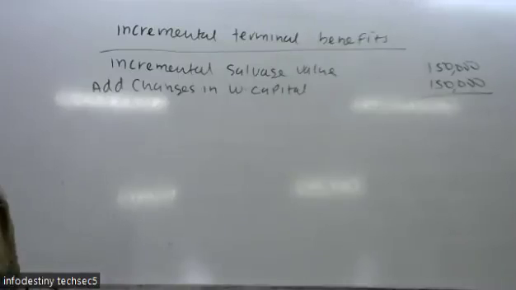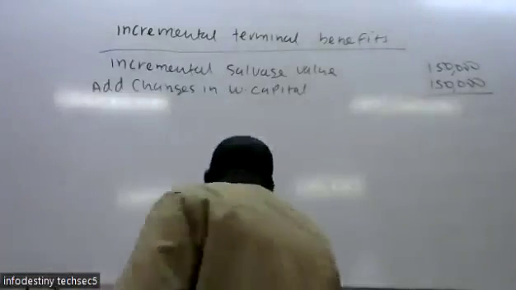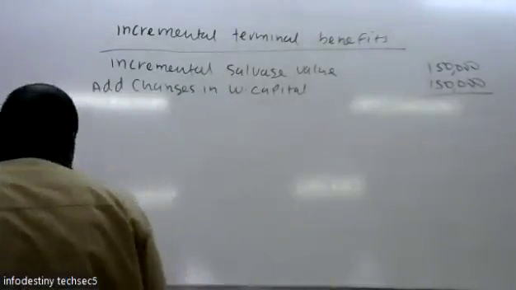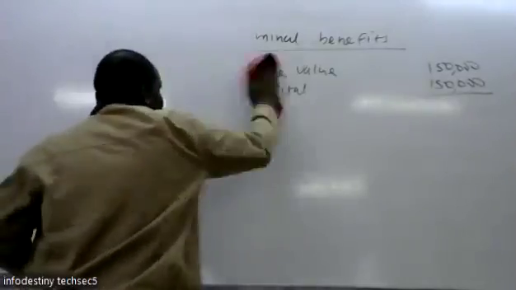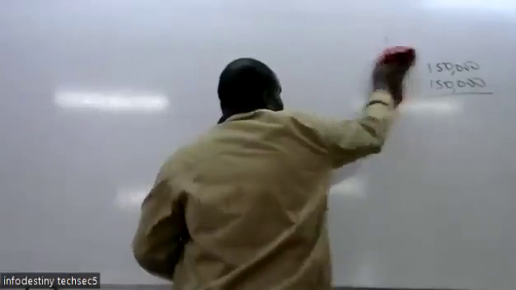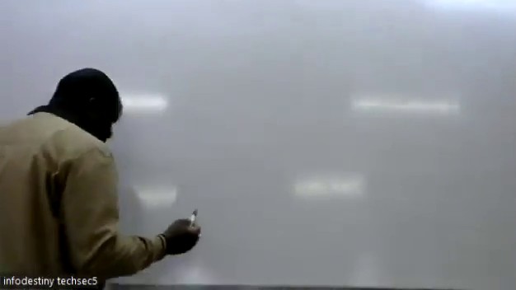Then finally, now we advise. When you advise, you simply compute the net present value as our step number 6.